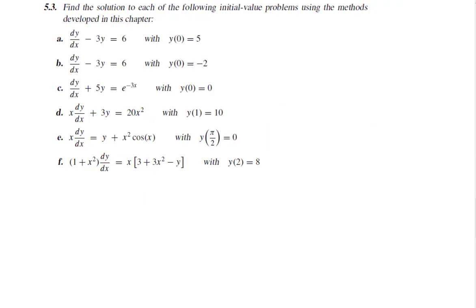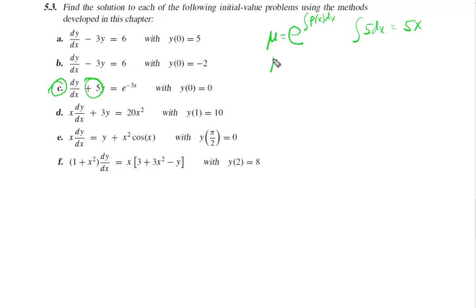And finally, for the initial value problem, we'll work on the C choice. Now this is already in standard form. We will find our integrating factor by doing e to the integral of p, where p is the 5, so we need the integral of 5 dx, which is obviously 5x.